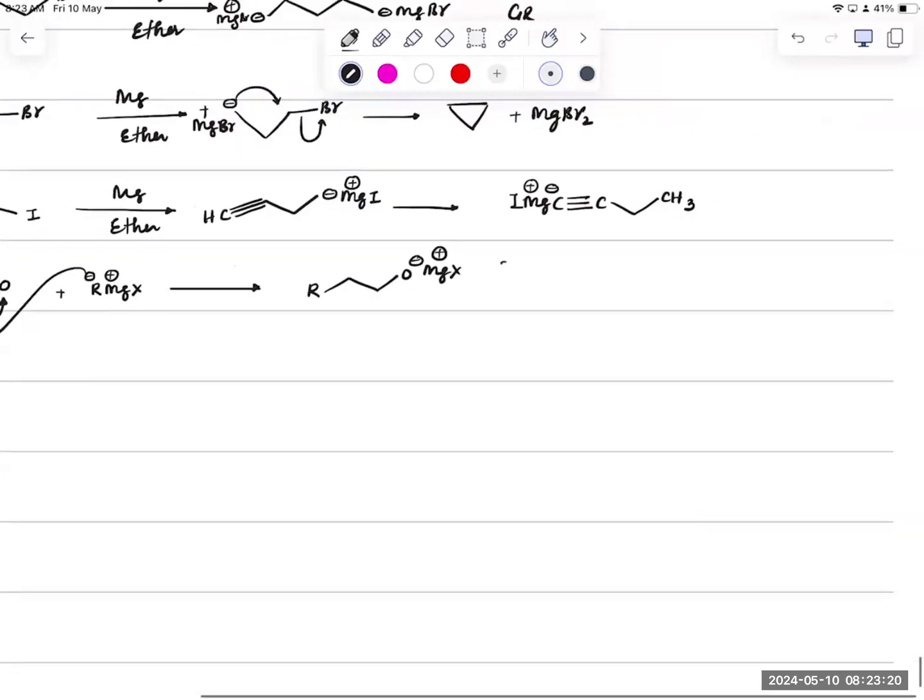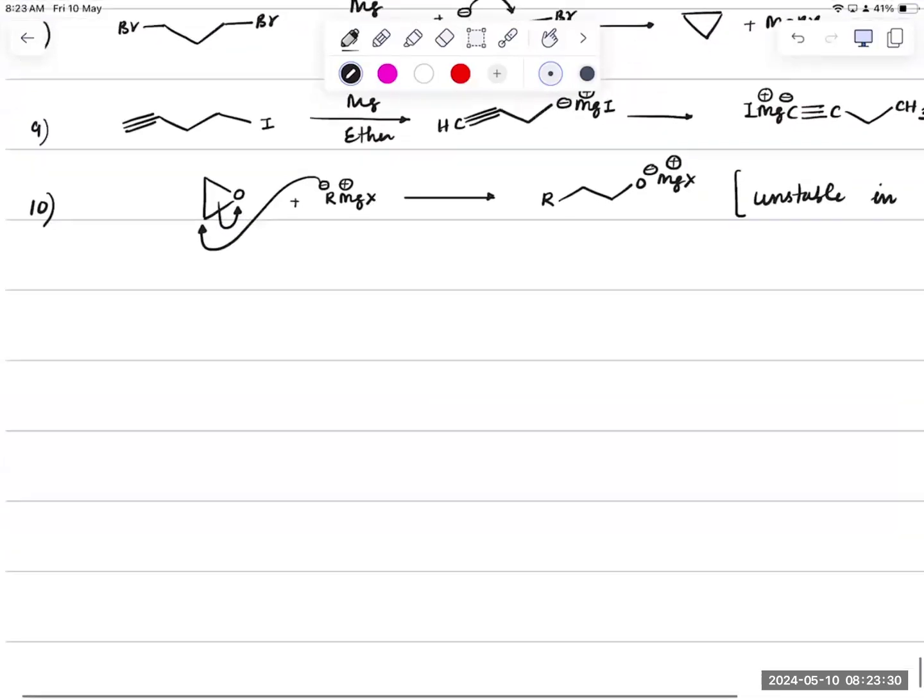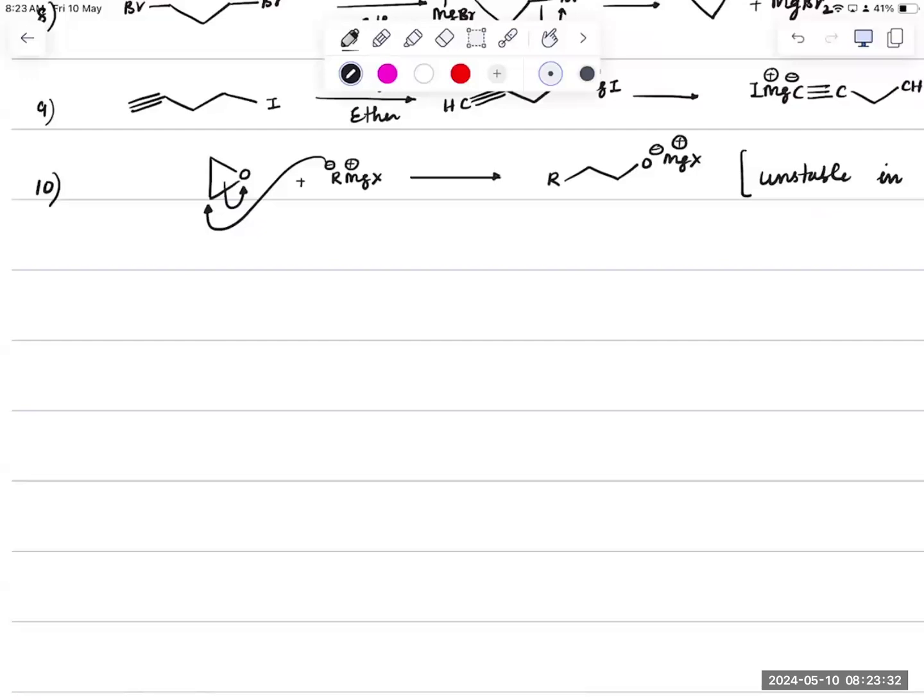So therefore we can say it is unstable in oxirane. Three-membered cyclic ether, it is unstable. But if you have four-membered or five-membered, then it is definitely stable. Four-membered also it is unstable, but five-membered ring it is stable.